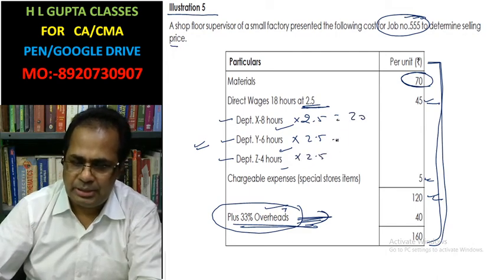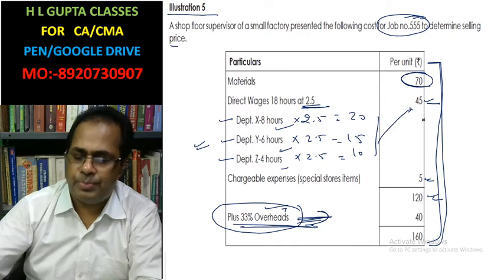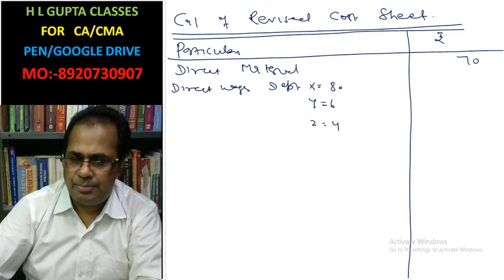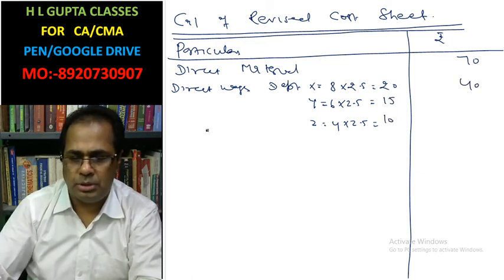This is 20, this is 15, this is 10, and adding these all you get 45. Similarly here, 2.5, 2.5, 2.5: 20, 15, 10, this is 40.